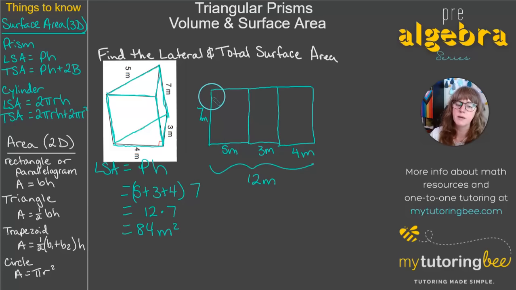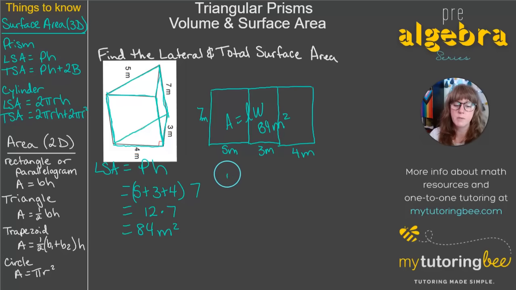And then we multiply that 12 times 7 because that is the height of this rectangle. If we imagine that these lines are gone and this is just one big rectangle, how would we find the area of this rectangle? Well, area equals length times width, or base times height. Now we have a base of 12 and a height of 7. So now we have 84 meters squared for our area for this one.